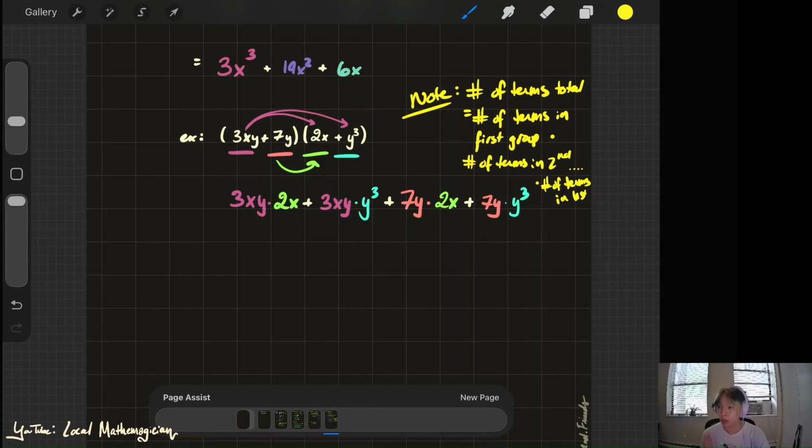If you don't combine as you go, you should end up with that many. So in this case, I should end up with 2 times 2, which is 4. And I do, in fact, have 1, 2, 3, 4, okay?